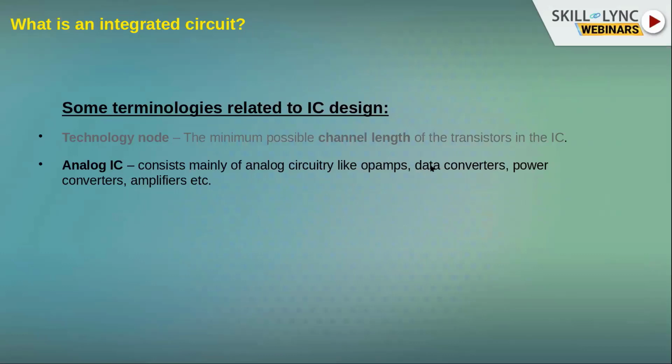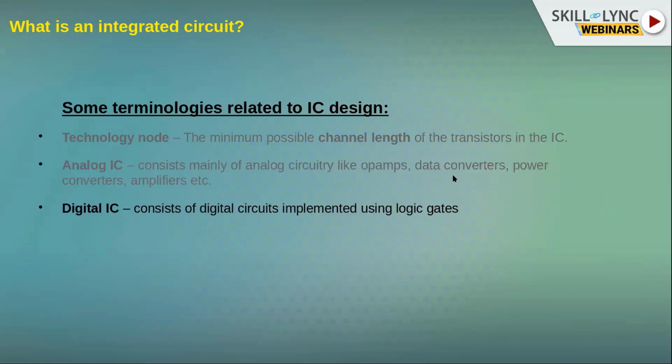In an analog IC, you will be integrating analog circuitry like op-amps, converters, amplifiers, and power converters like DC-DC converters. In a digital IC, mostly you will come across circuitry implemented using gates. So that's the basic difference on what is inside the IC, and the design flow by which we implement both these ICs is also quite different.